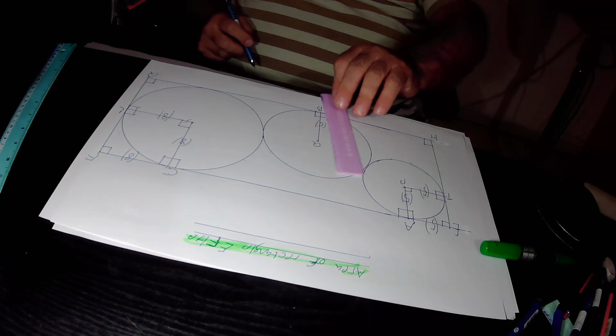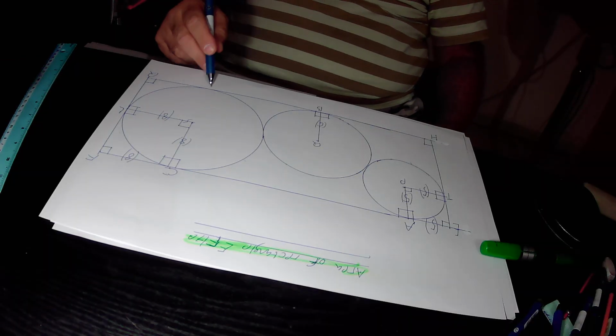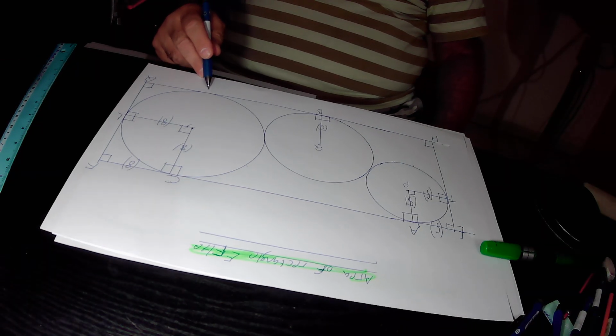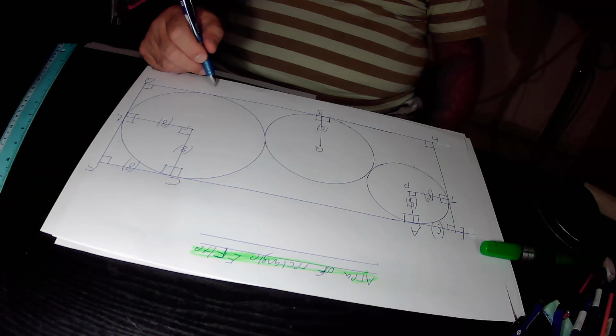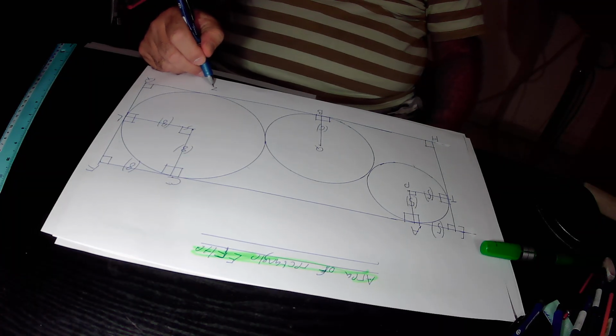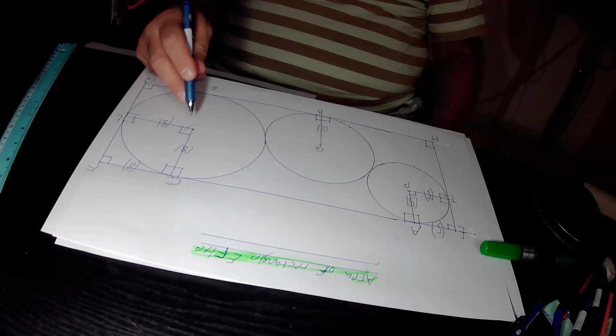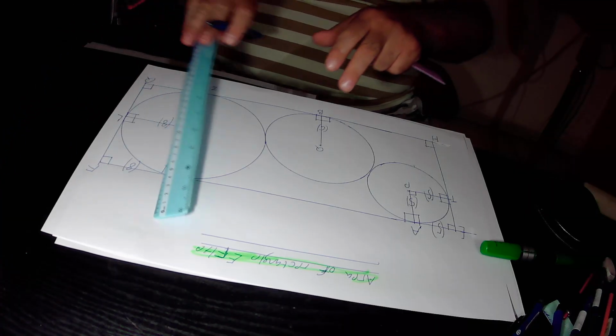We'll define the point of tangency of tangent HQ with this big circle, this point, as point Z, and we join points S and Z together by a straight line.